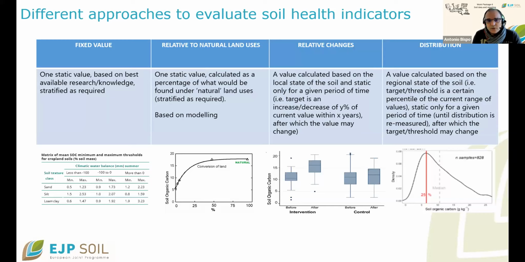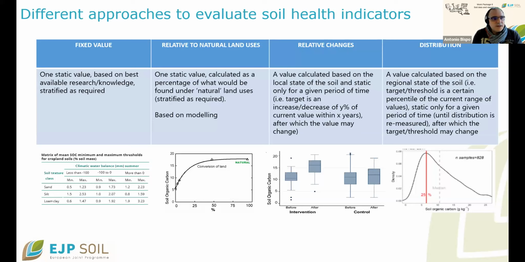It's, for example, soil organic carbon, and based on that distribution, you select a centile, a certain percentile that will be your threshold or your target value, and this is static, of course. But then if you remeasure it 10 years after, of course, the distribution will change, and you can also change your target after that.